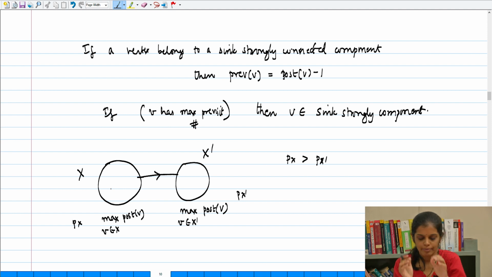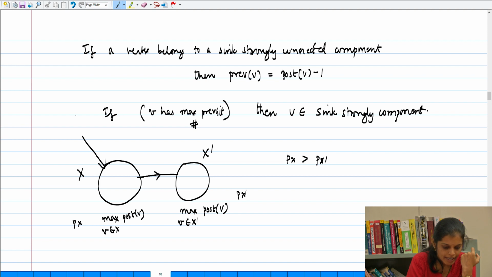Okay. So now, how can we use this to say what vertex belongs to a source strongly connected component? It need not be that x is a source strongly connected component, or maybe there is another component y which has an edge to x.